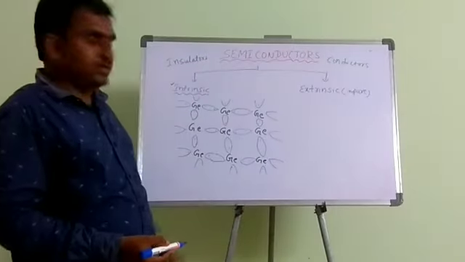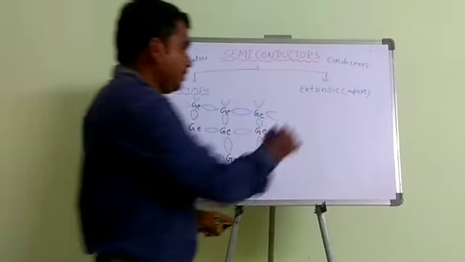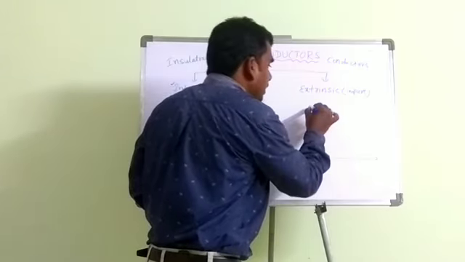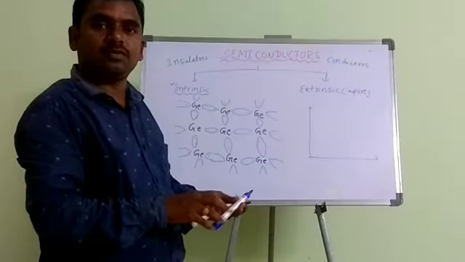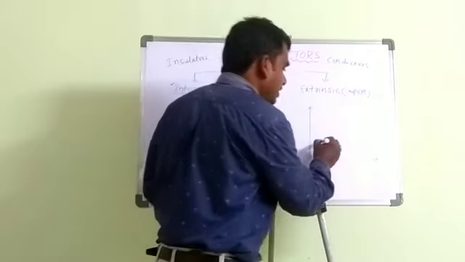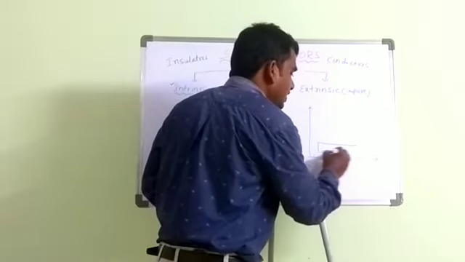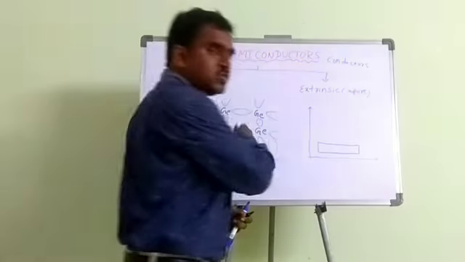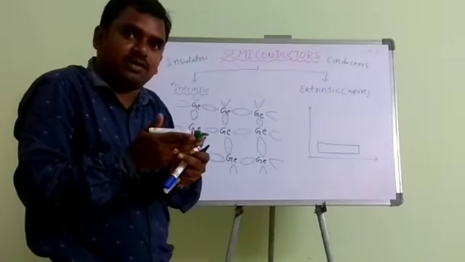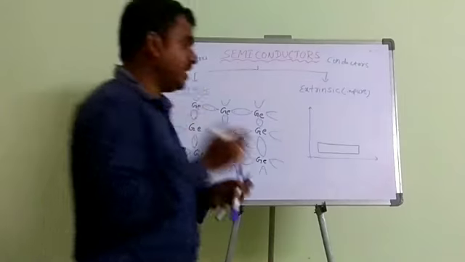I would like to draw the energy level diagram. So this is the energy level diagram. The electrons in the valency occupy the valency level, and in a solid state material, all these valency levels form a valency band.